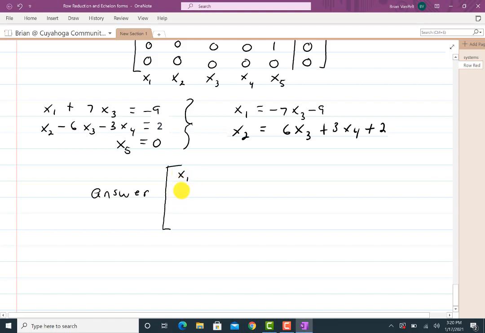x1, x2, x3, x4. Didn't go far enough, did I? x5. Let me change this thing to accommodate all of those variables.